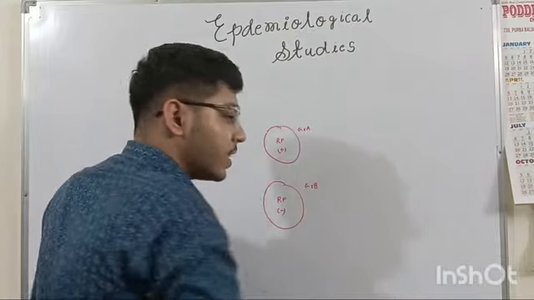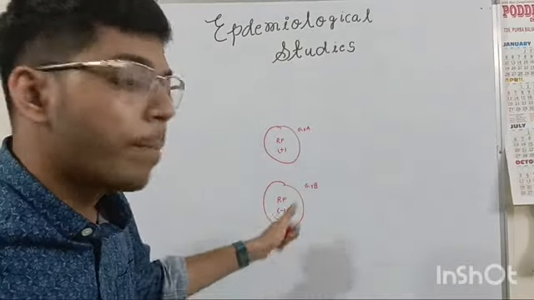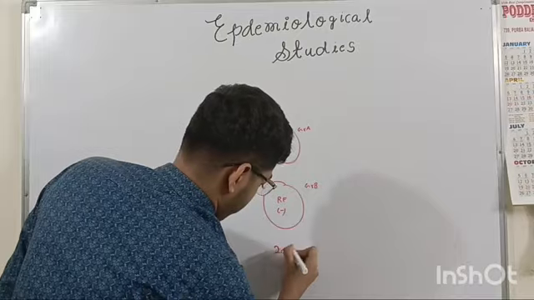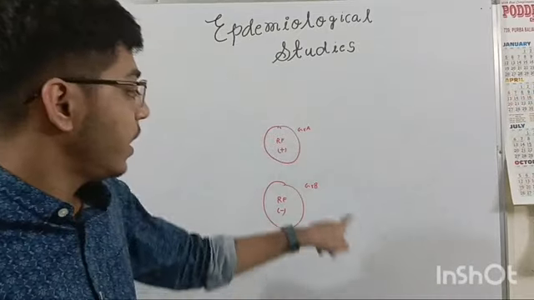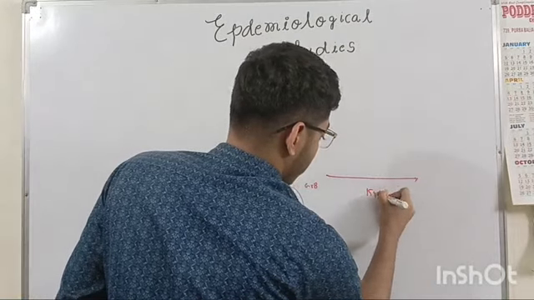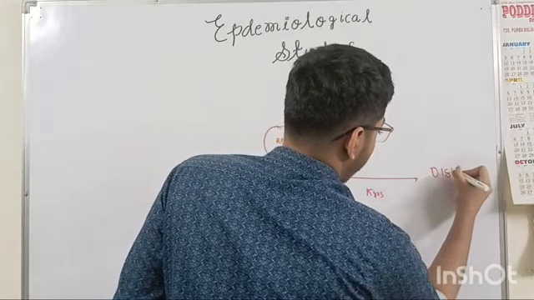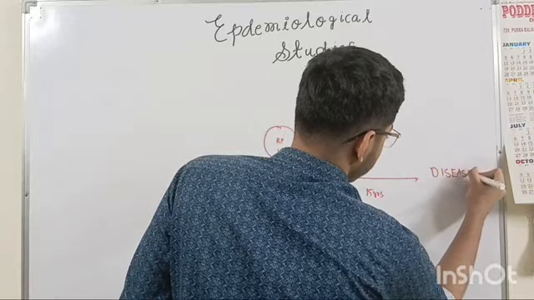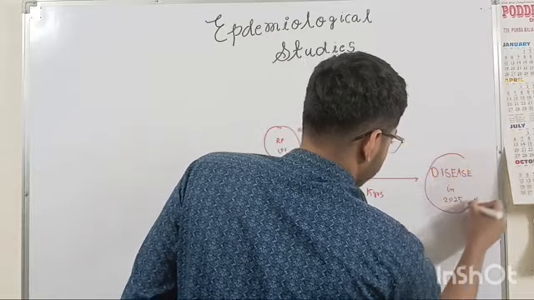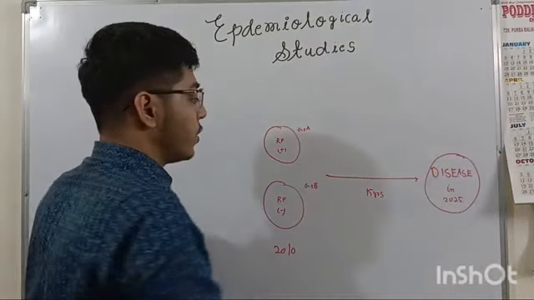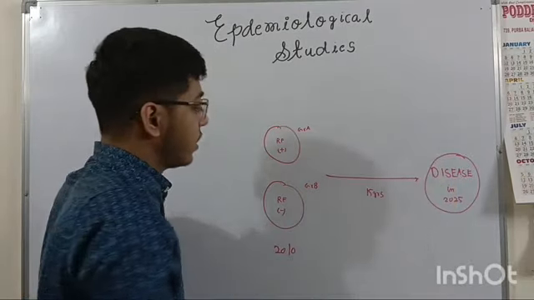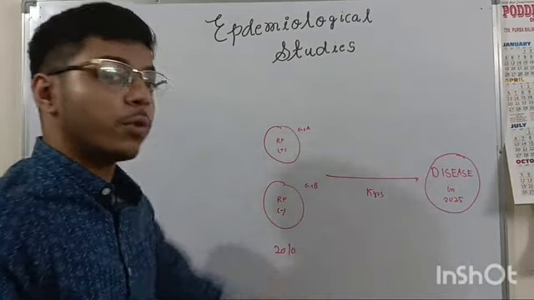Suppose we consider this information taken from a medical record of any college in the year 2010, and then we follow them up for 15 years, and then we study whether disease has happened or not in the year 2025. So this is a prospective cohort in which we are following them up. This is the cause, this is the effect, and there is cause to effect. So this is prospective cohort.